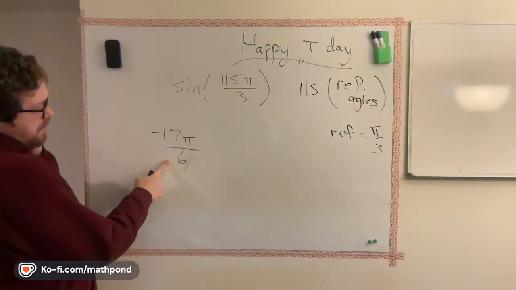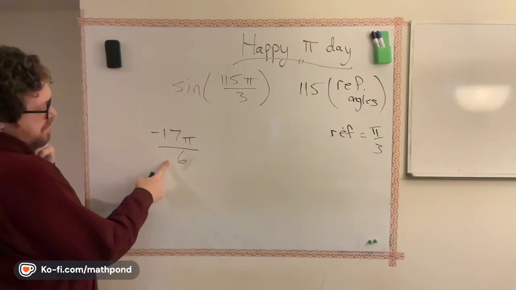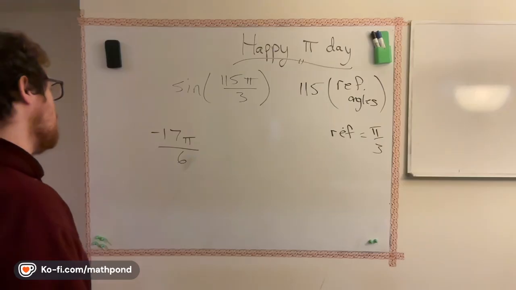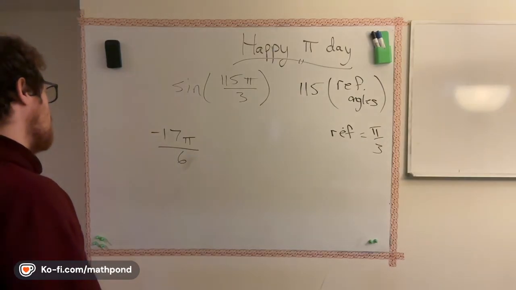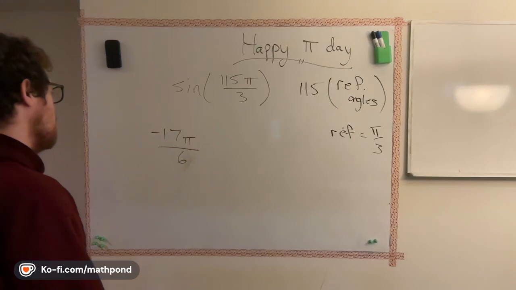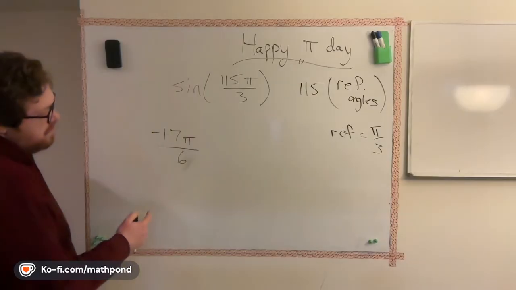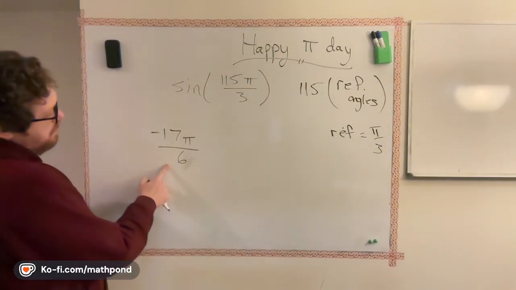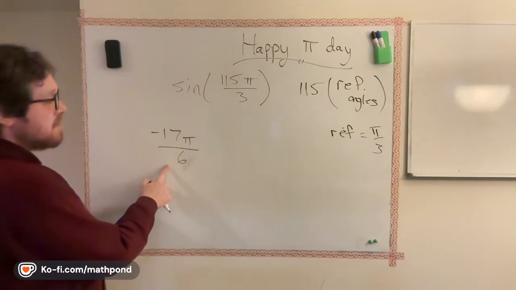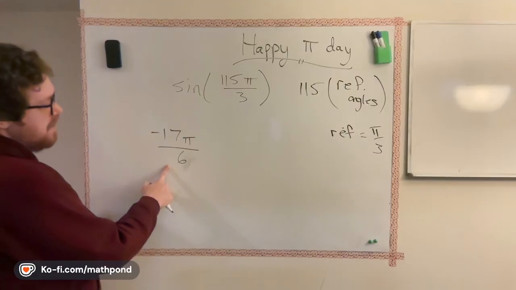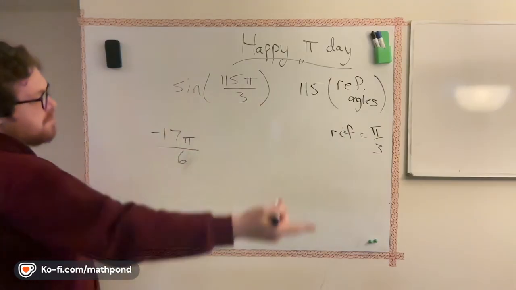So you had 12, and you had to divide negative 17 by 12. Get remainder negative 5, or I guess positive. Oh, okay. So you get a positive remainder, but it's negative.